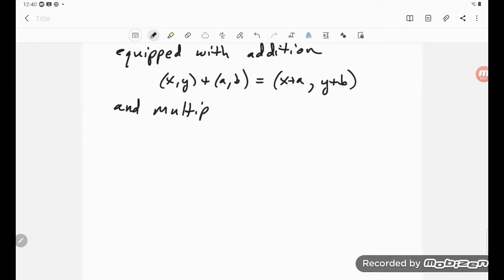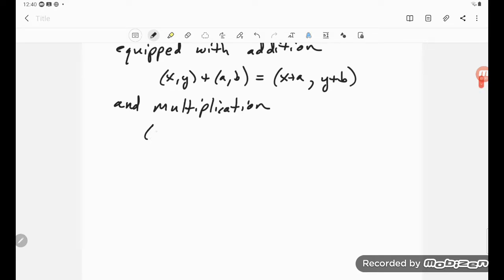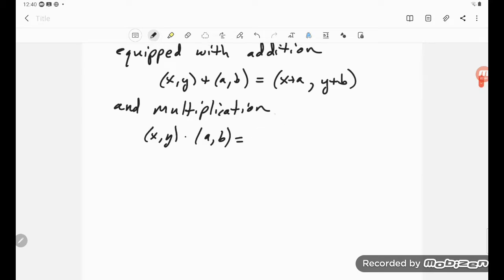Okay, so that's addition, but now here's the multiplication, and it looks really strange. And so if I take an element xy and I multiply it by AB, now probably what you'd like to get is ax comma by, but that's not at all what you get, and it's xa minus yb, and then xb plus ya.